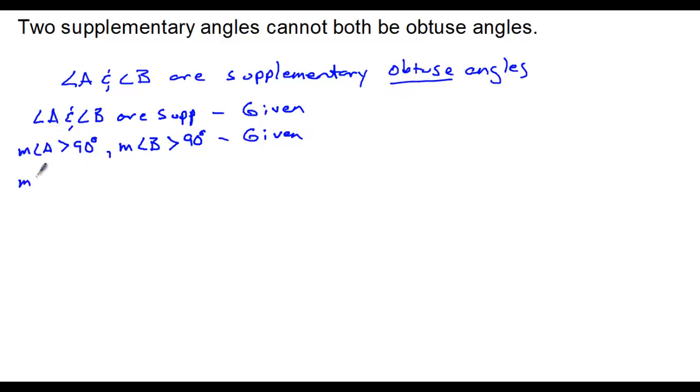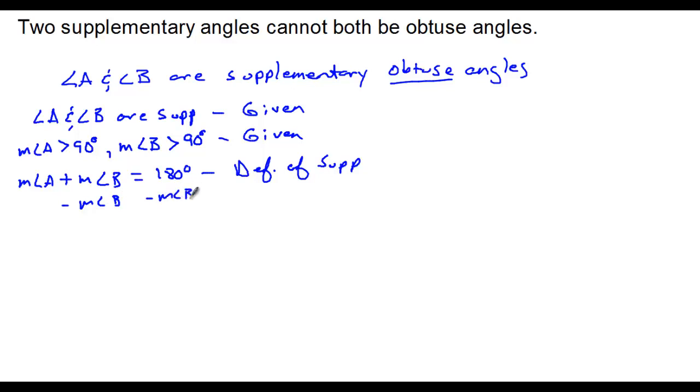Then I'll say that the measure of angle A plus the measure of angle B equals 180 degrees, and that's the definition of supplementary. Do a little algebra here. I'm going to subtract the measure of angle B from both sides and get that the measure of angle A equals 180 minus the measure of angle B. Okay, that was my subtraction property of equality.